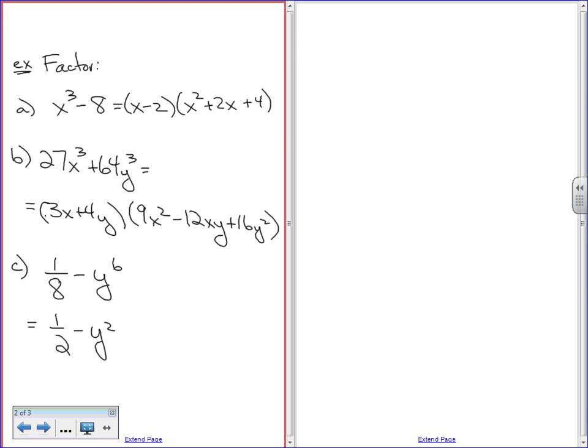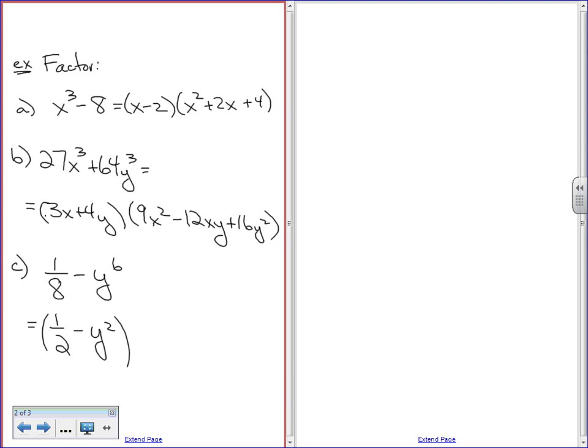And just check it. It just takes a second to make sure you've done this correctly. Multiply this out 3 times in your head, make sure you get that. If you get this first bracket wrong, the rest of it's going to be wrong. So just take a minute, make sure that you've done that correctly. This sign here and this sign is always going to match. Plus and plus, minus and minus.